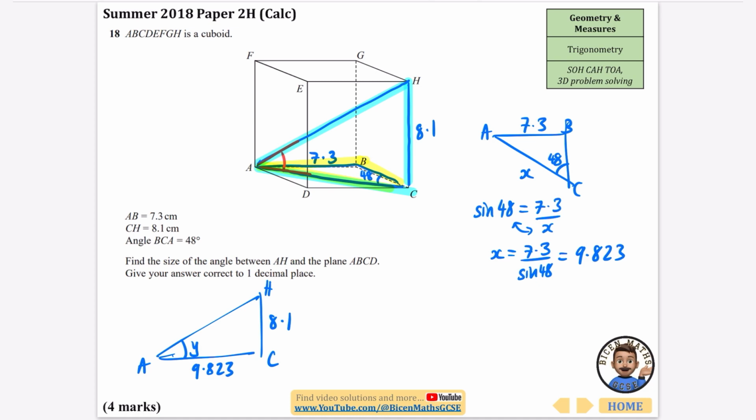So to find out what y is equal to, this time I've got the opposite and the adjacent. So I'm going to say that the tan of y is the opposite divided by the adjacent. So y is the inverse tan of 8.1 over 9.823. And that's going to be our answer to this question.